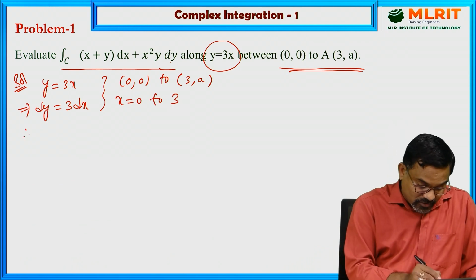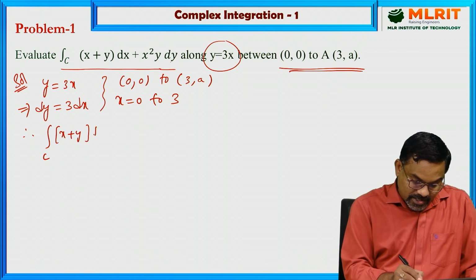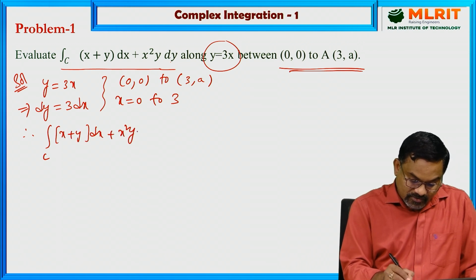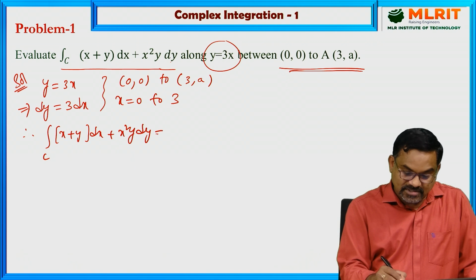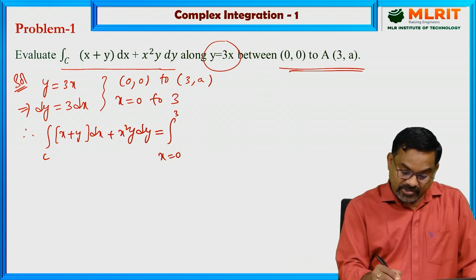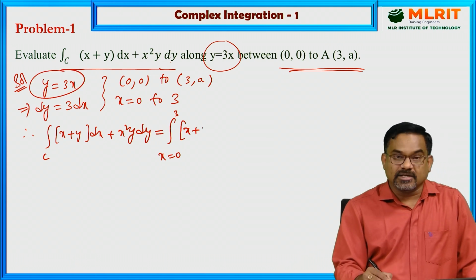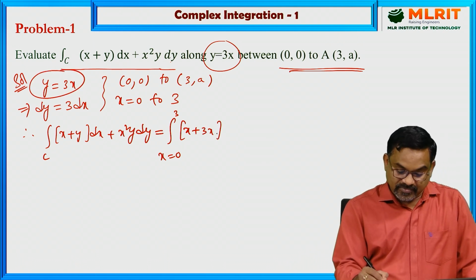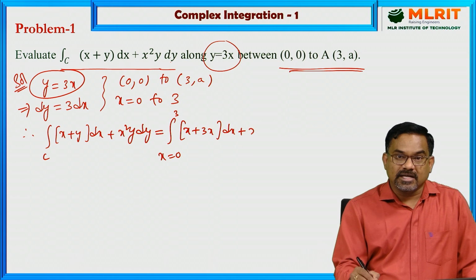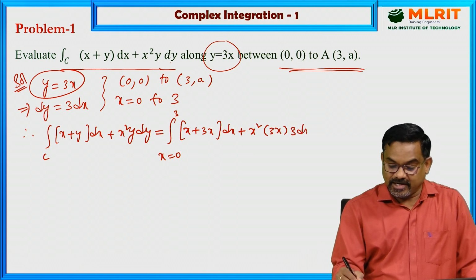Therefore the line integral along C of (x plus y) dx plus x square y dy is the same as the evaluation, for x from 0 to 3, of x plus, replacing y by 3x, so x plus 3x dx plus x square into y, again 3x, and dy is 3 dx.